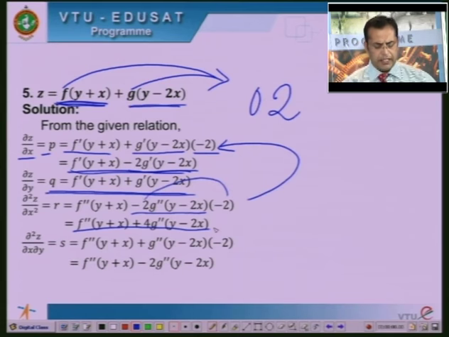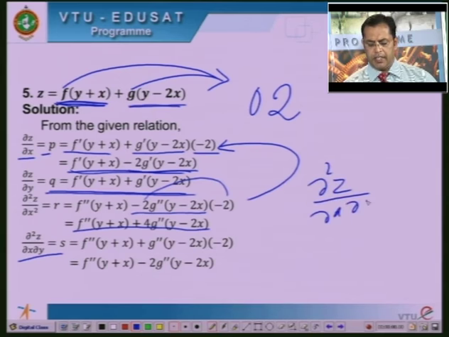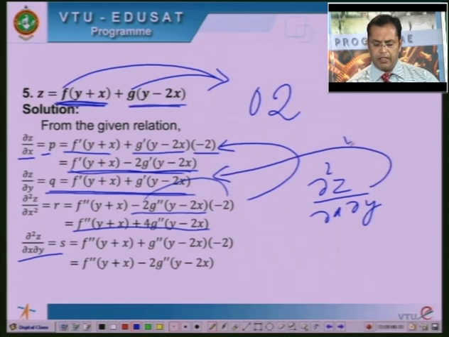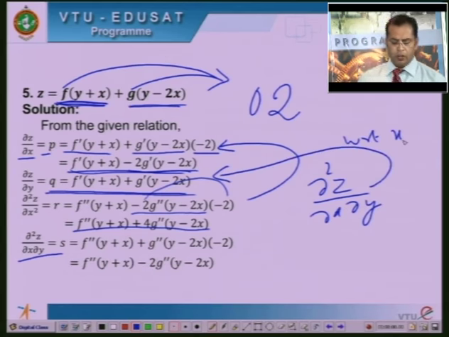Let us go to the next partial derivative in the sequence. Dou square z by dou x dou y, which is s. Let me remind you again, dou square z by dou x dou y is obtained by differentiating dou z by dou y with respect to x partially. So, go to dou z by dou y and differentiate only the x terms in this.